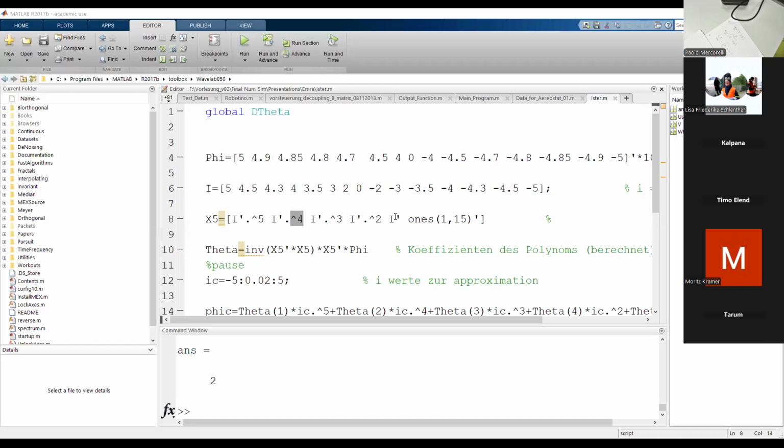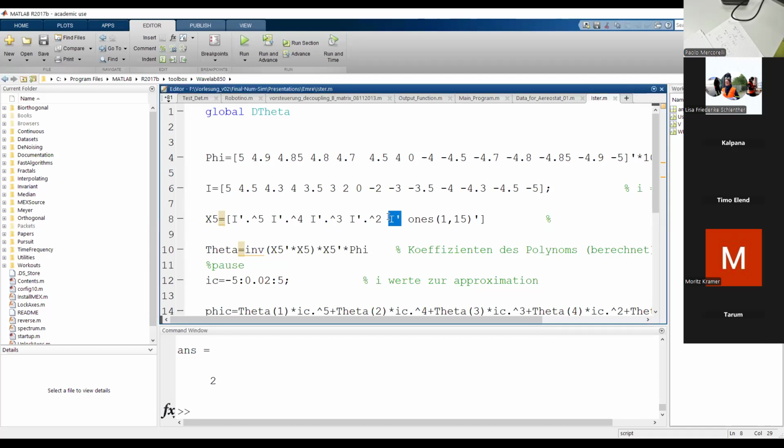We can recognize here the column up to 1. We don't need the dot because it's up to 1. Here I need the dot, for instance, because it's up to 2, and each element must be squared. You know that a vector square doesn't mean, I mean, we can define the vector square. This is the definition.